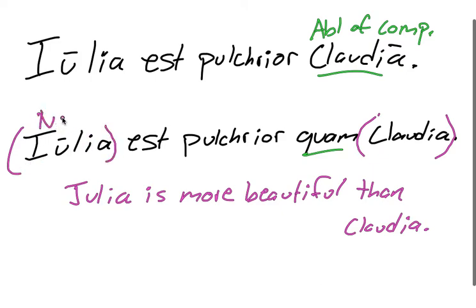So Julia is nominative, and so Cornelia is nominative. Okay, that's what case they'll usually be in, but you could have an instance where they might not be in the nominative, they could be in a different case. But if you're comparing two things using quam, then the two things being compared have to be in the same case. But it doesn't really matter if you use quam or the ablative of comparison.